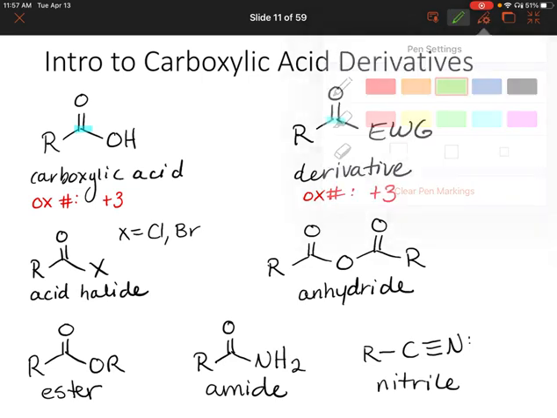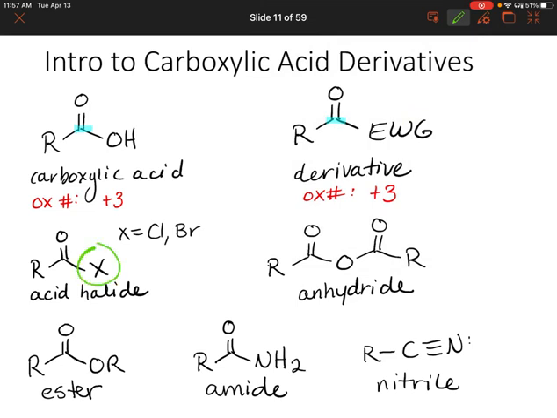All right, now the other thing to note is that these groups here on our acid halide and our anhydride are good leaving groups. But notice that on the anhydride, our leaving group does have some resonance between those two oxygen atoms. So that's going to create a more stable leaving group.